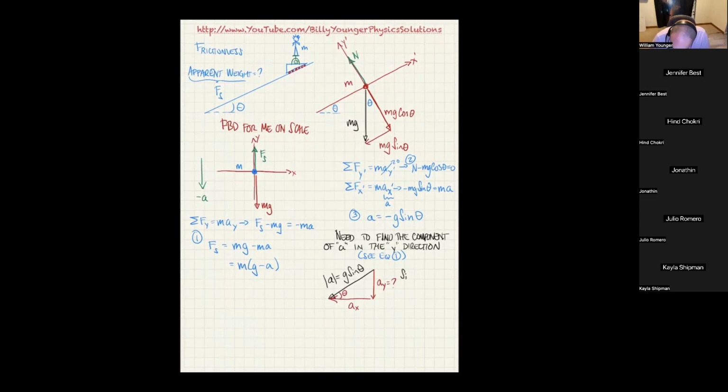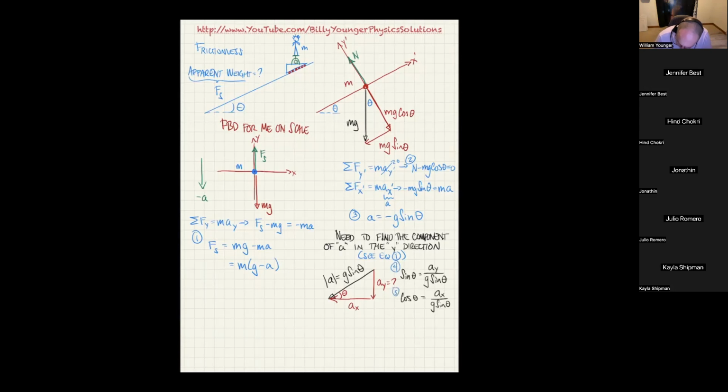I'm going to say the sine of theta, according to that triangle, is equal to opposite over hypotenuse, which is a sub y over g sine theta. Similarly, even though I don't need it, cosine theta would be a sub x over g sine theta. I'm going to call this guy equation 4, and that's one we're going to use.